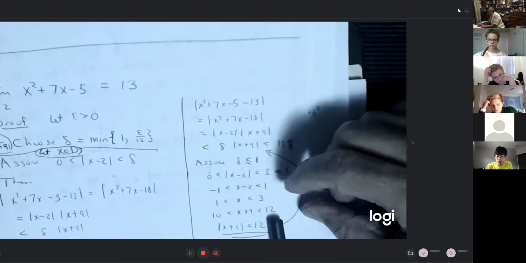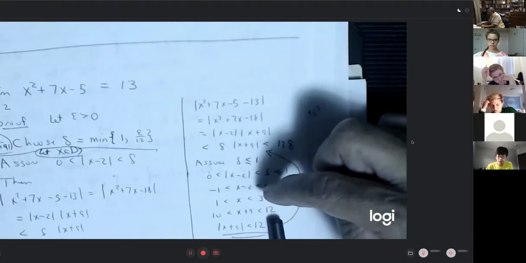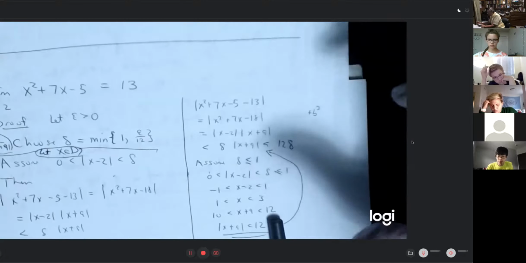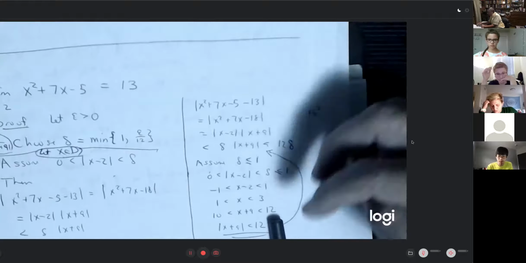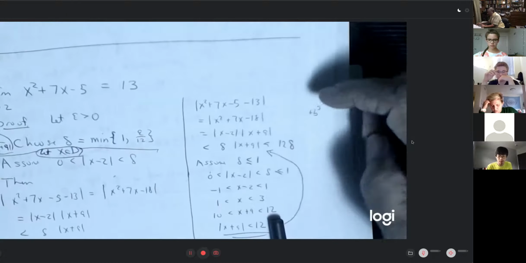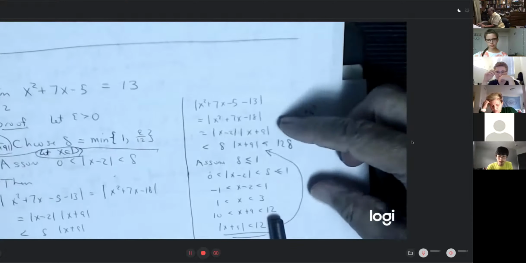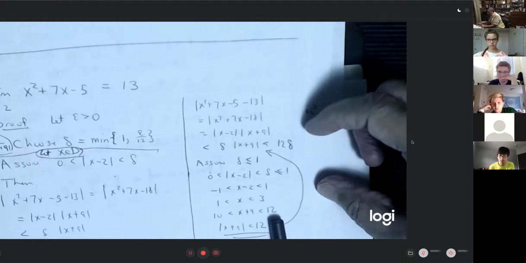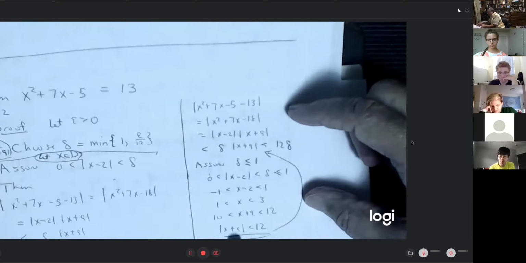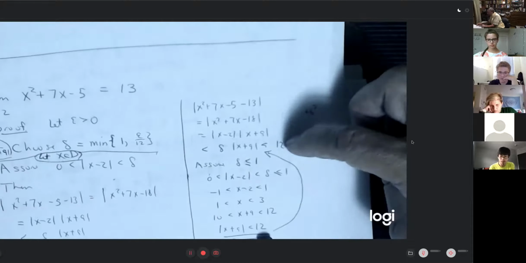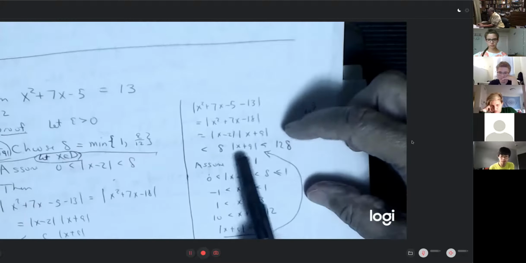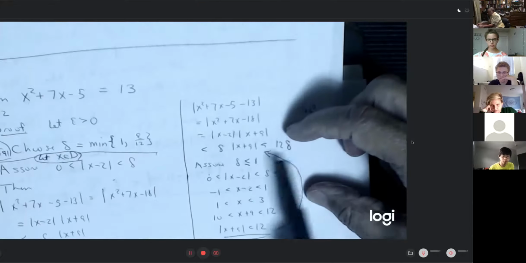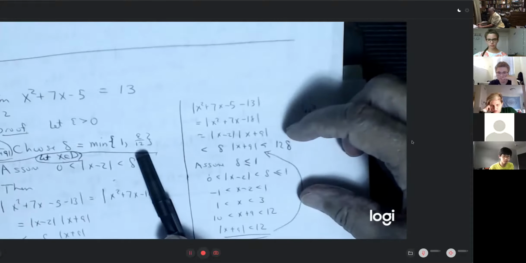If I know that x minus 2 is bigger than minus 1 and less than plus 1, I know the x is between 1 and 3. So x plus 9 is going to be between 10 and 12. Okay. So that's going to be less than 12, which I go back up here and say, okay, then this will be less than 12 delta, and that's going to be part of my choice.